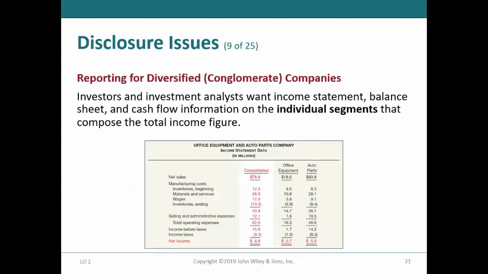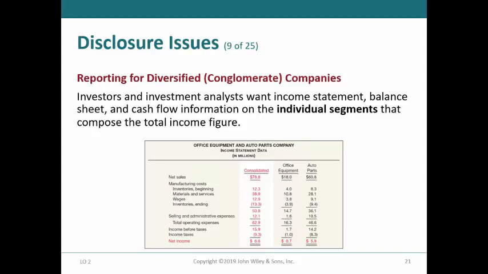As we mentioned earlier in the presentation, many companies are diversified, which means that they are doing business in different industries. General Electric is involved in diverse industries, including locomotives, jet engines, and water purification systems.